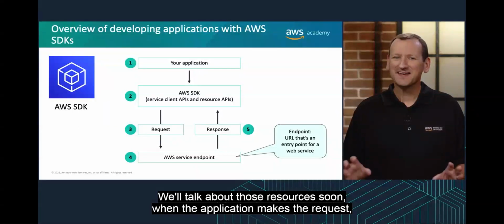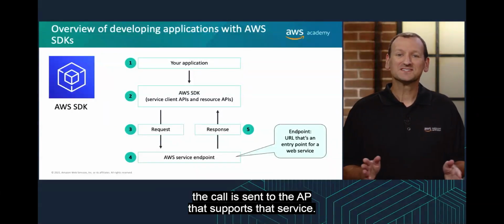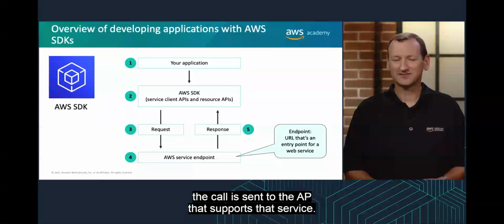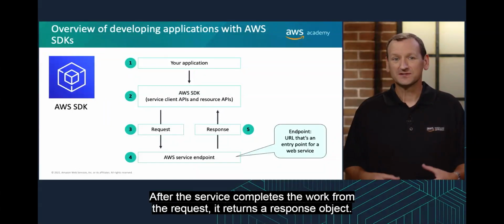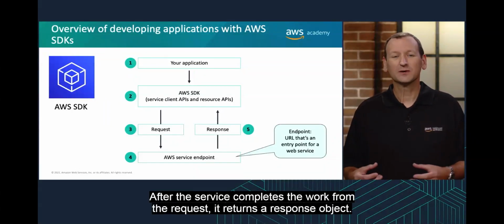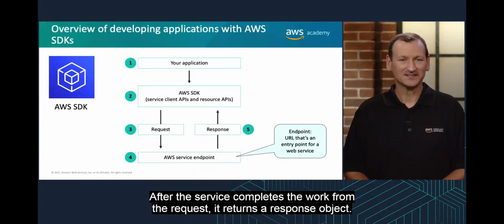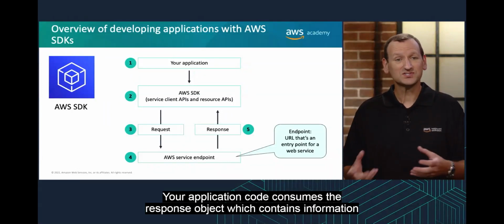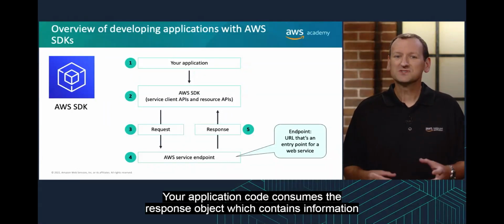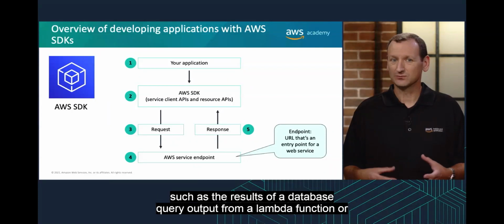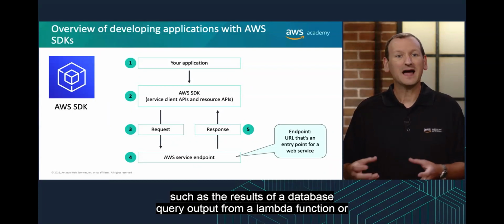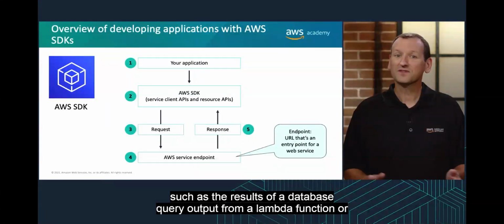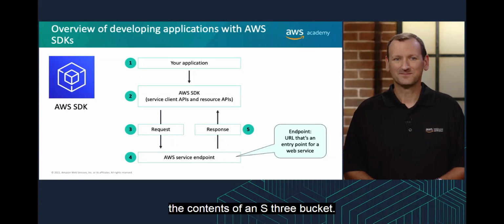When the application makes the request, the call is sent to the API that supports that service. After the service completes the work from the request, it returns a response object. Your application code consumes the response object, which contains information such as the results of a database query, output from a Lambda function, or the contents of an S3 bucket.